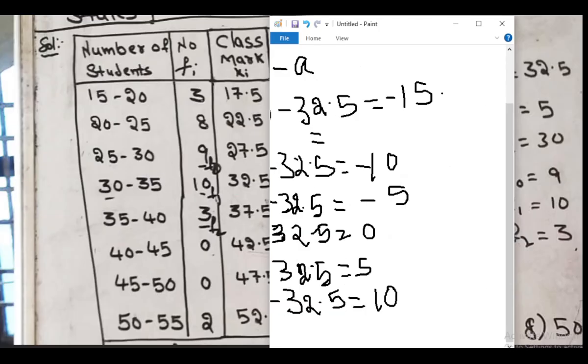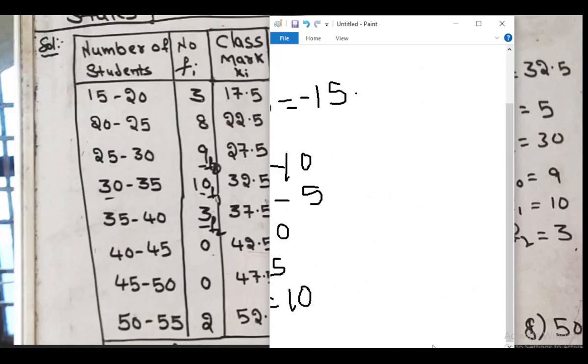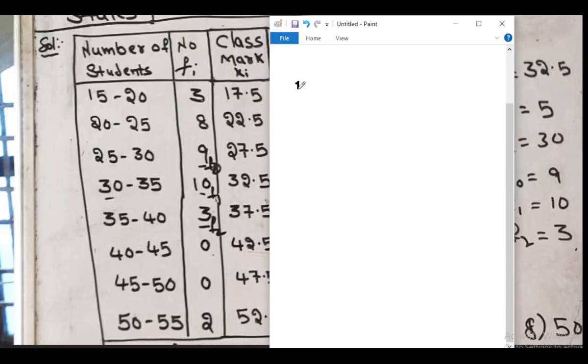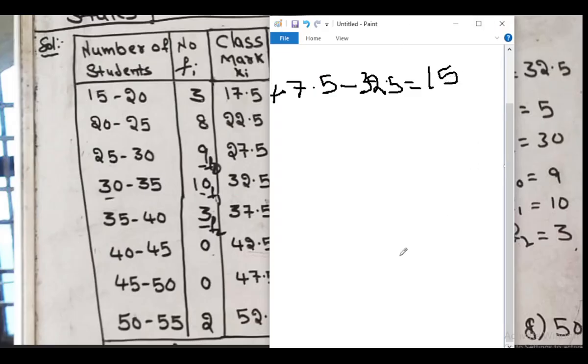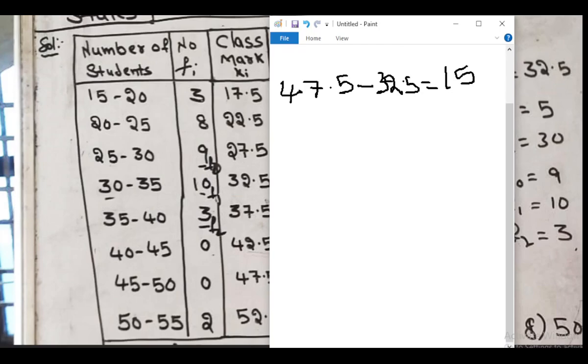Here we don't have enough space to go further, but I am writing, no problem. So the next class deviation: 47.5 minus 32.5 is equal to 15, which is the deviation of the class.